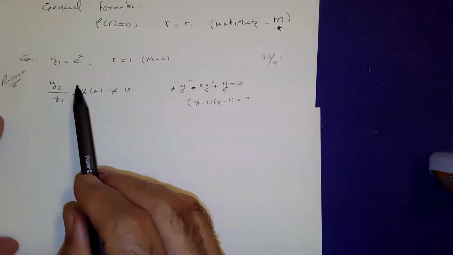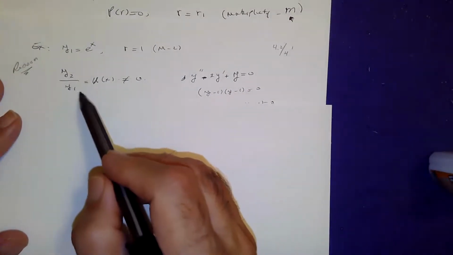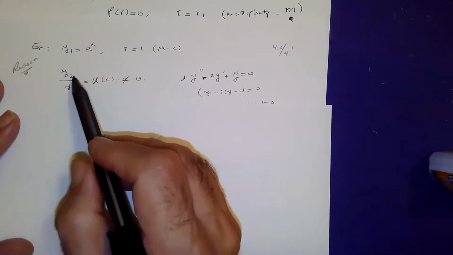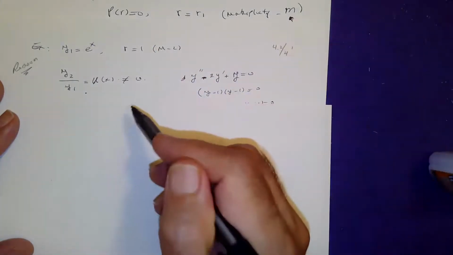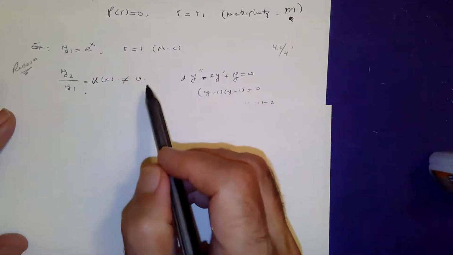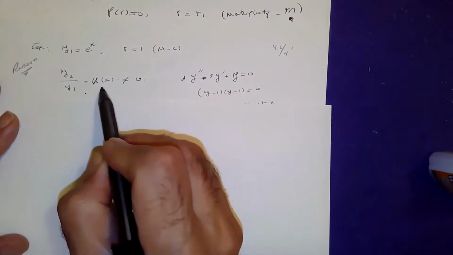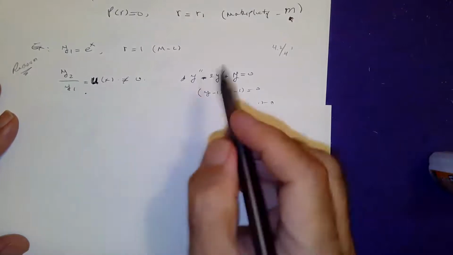Well, remember, if the solutions are going to be linearly independent, so the ratio of the two solutions I'm going to come up with, let's say I have a second order linear homogeneous differential equation with constant coefficients, cannot be a constant, so it has to be a function of x. Why?